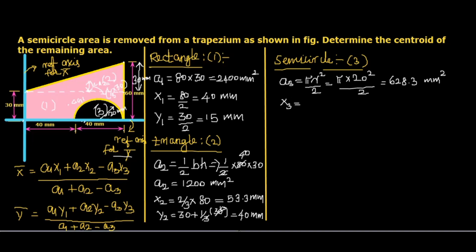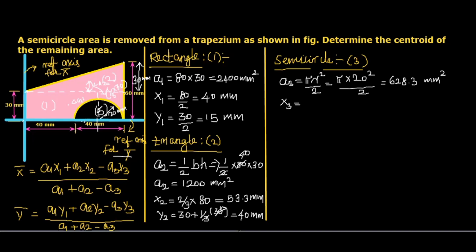Then X3. X3 means the distance of the center of gravity of the semicircle from the reference axis for x bar calculation. You know the semicircle is symmetric about the vertical axis, so CG will lie on the vertical axis which passes through the center of gravity of the semicircle.